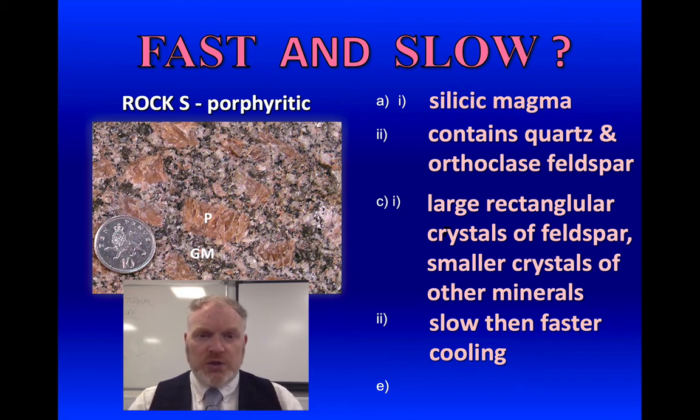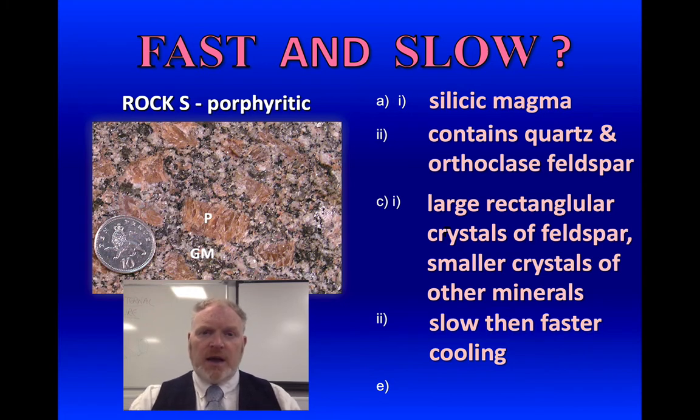An initial slow stage to make those large orthoclase feldspar crystals, and then a faster stage later on that's crystallized all the rest of the magma around it. And it's that that's key to a porphyritic texture. We describe these larger crystals as phenocrysts, and we describe the smaller crystals as ground mass.